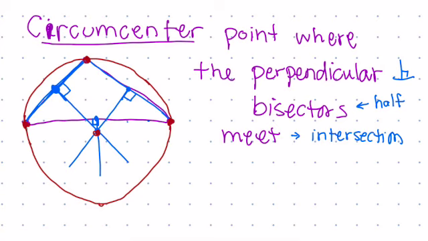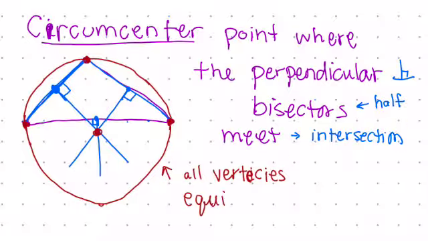So that circumcenter would be, we're talking all of the vertices would be equidistant. Do you guys know what equidistant means? It's equal distance. But that would help with so many different situations. So that's a real life application of that, but that's the circumcenter.